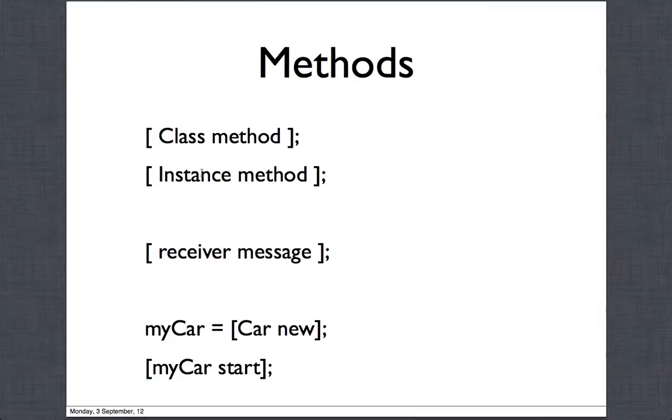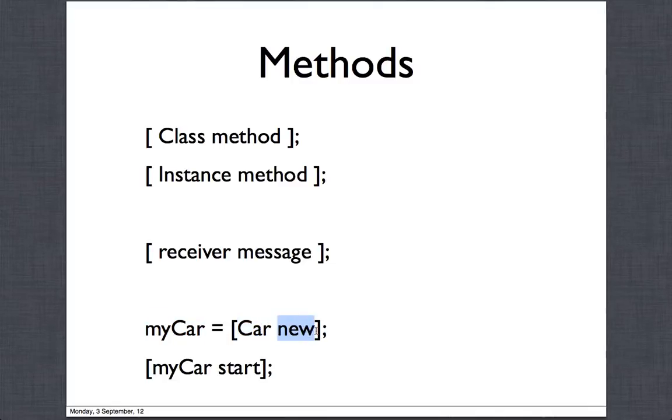The idea there is like this. We have the receiver, something that receives a message, and we have a message itself. And the message could be a name of the method with parameters or without parameters. In this example, I have a variable called myCar, and you probably expect it to be an instance of a car class, and I'm calling the car class.